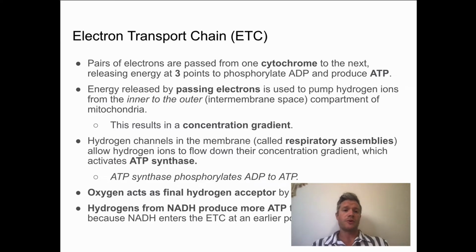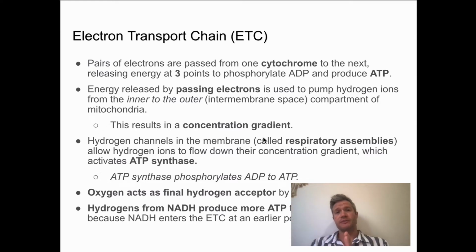I use that as a specific example because the electrons in the ETC do exactly that. They pump hydrogen protons up across this gradient, and then we'll see this protein molecule or gate with a turbine in the membrane of the mitochondria does just that.